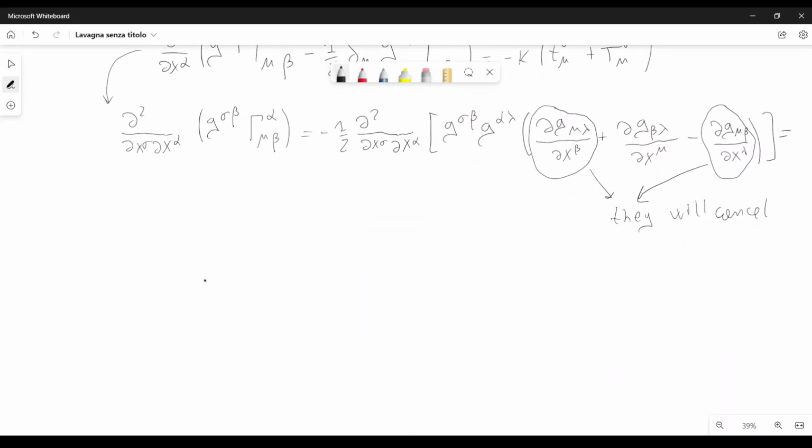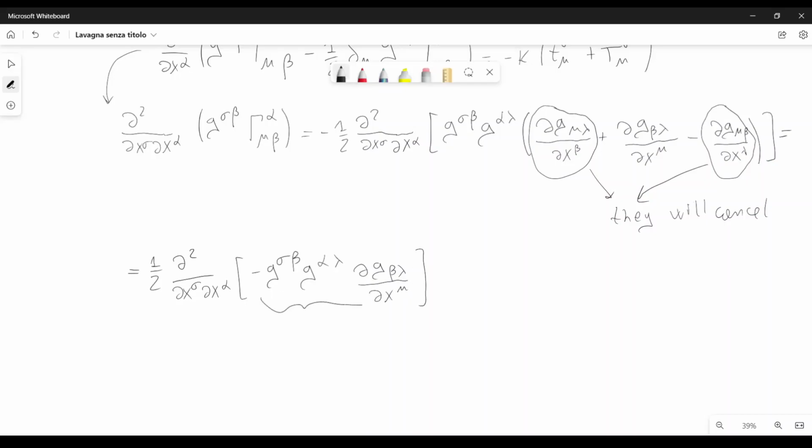This is equal to 1/2 d squared over dx sigma dx alpha of minus g sigma beta g alpha lambda derivative of g beta lambda with respect to x mu.